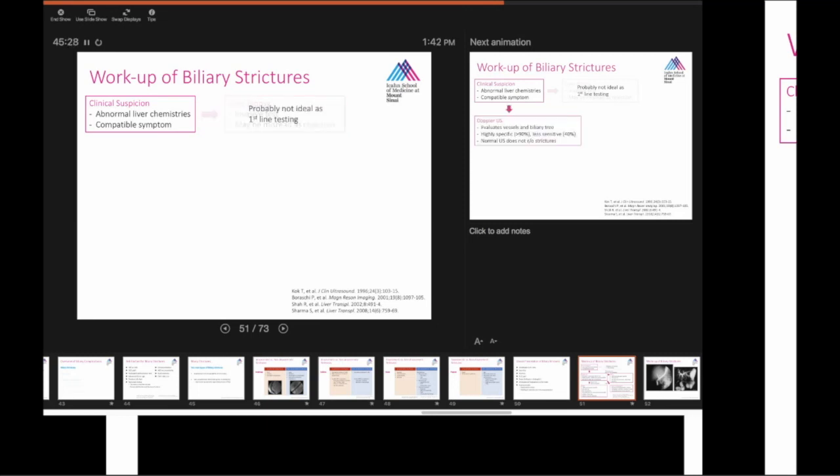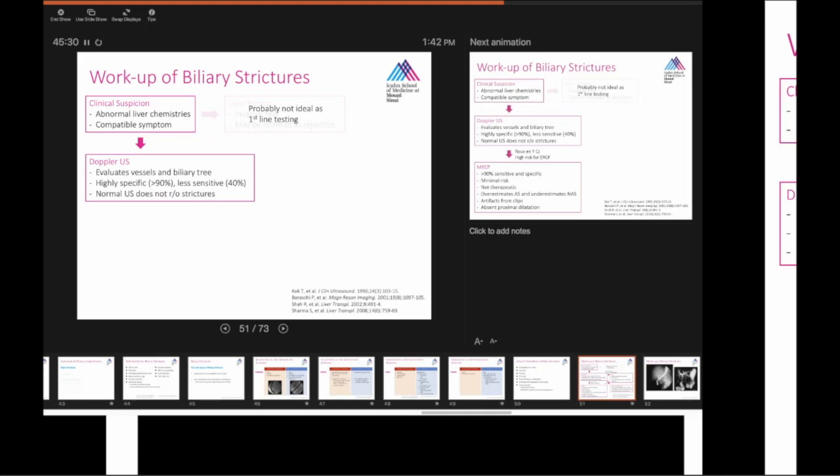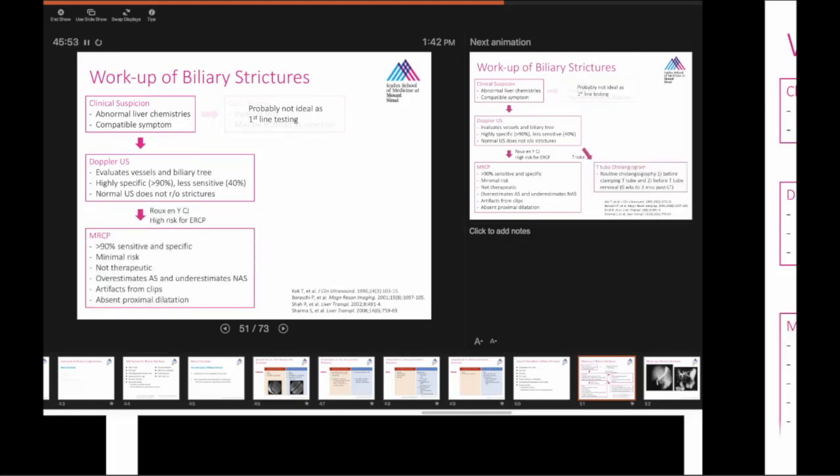So it's probably not ideal as first-line testing, and so we should probably start with Doppler ultrasound because it allows us to look at the vessels, look if there's hepatic artery problems that could cause biliary issues. At the same time, it also gives us a good, cursory view of the biliary tree. If there's something abnormal, that's good, it's specific, but it's not really sensitive. A normal ultrasound will not rule out strictures. If you're still highly suspecting a stricture, then you have to proceed with further testing.